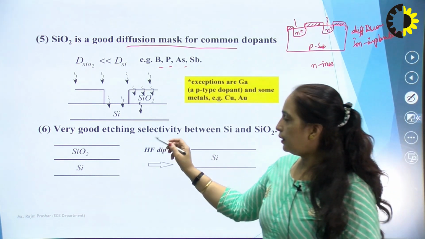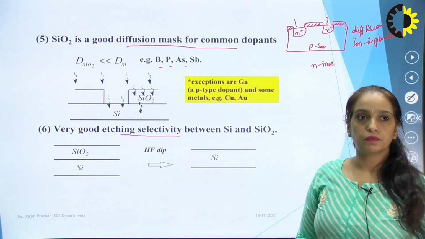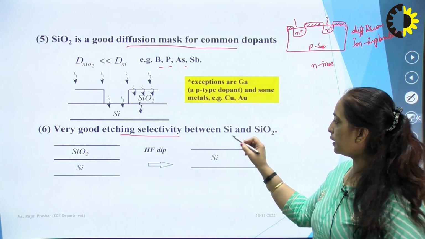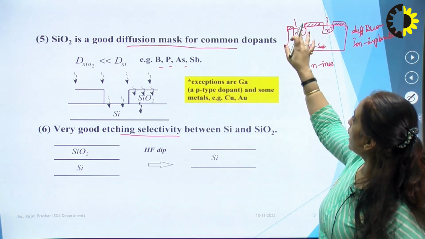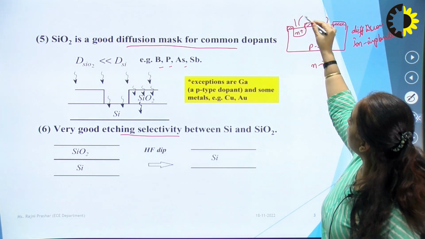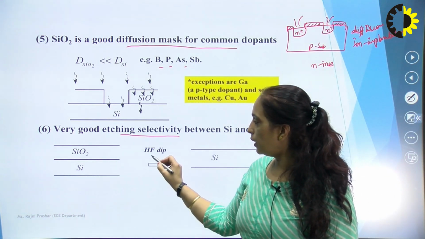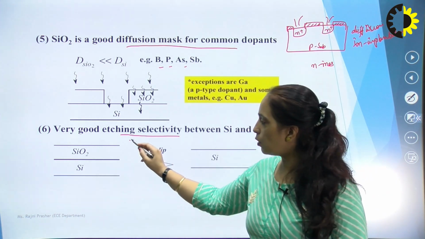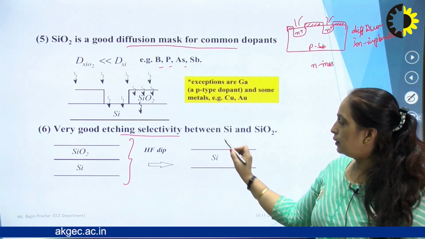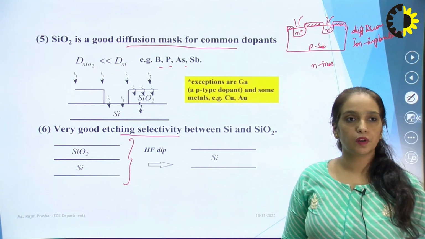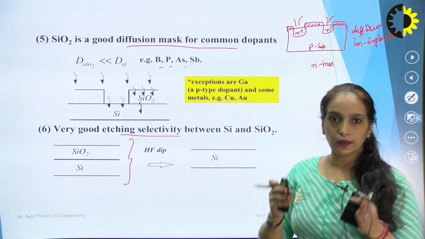It also gives very good etching selectivity between silicon and silicon dioxide. To remove the silicon dioxide over these areas, we dip the oxide-formed silicon substrate in hydrofluoric acid, which removes the silicon dioxide layer, so that we can add the dopants to the required areas only.